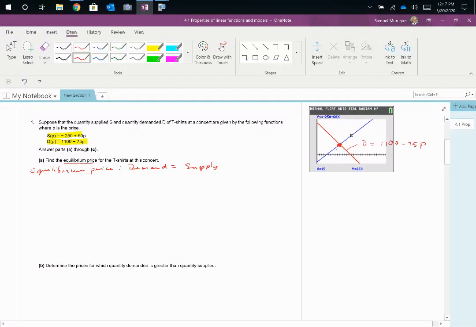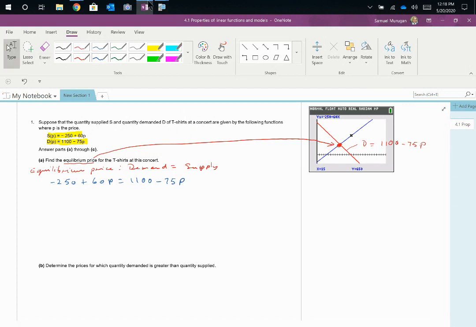That's the equilibrium point. To do that algebraically, we would set the first equation equal to the second equation and solve it.